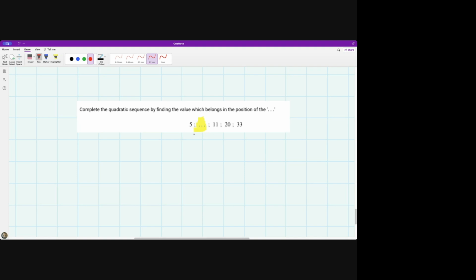So let's use our same process. And we don't know what that is. But we know it's a quadratic sequence, which means our second difference.